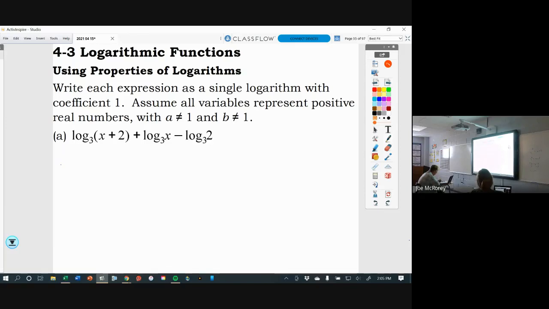Log base root 3. You're missing something.